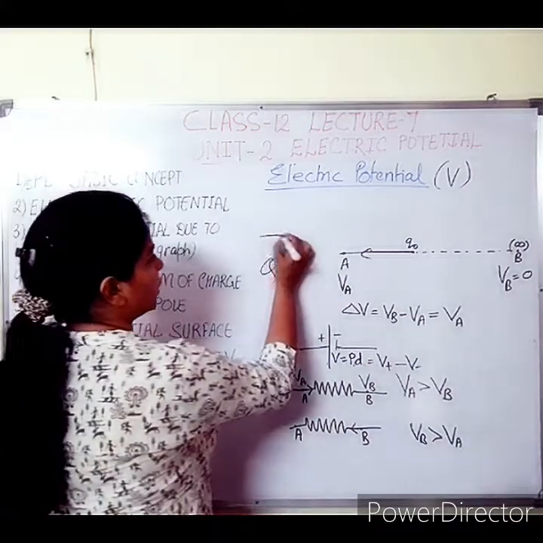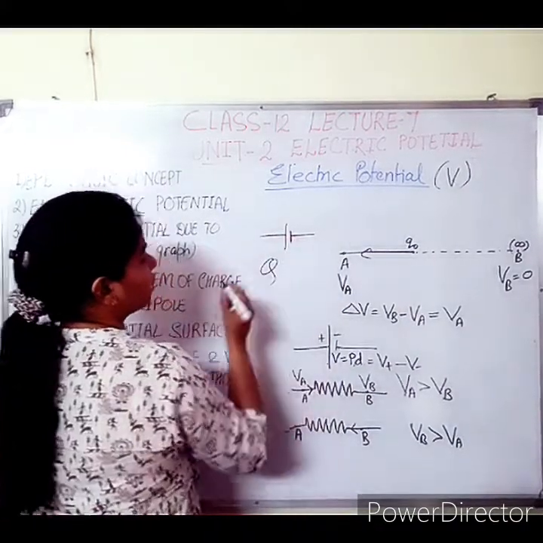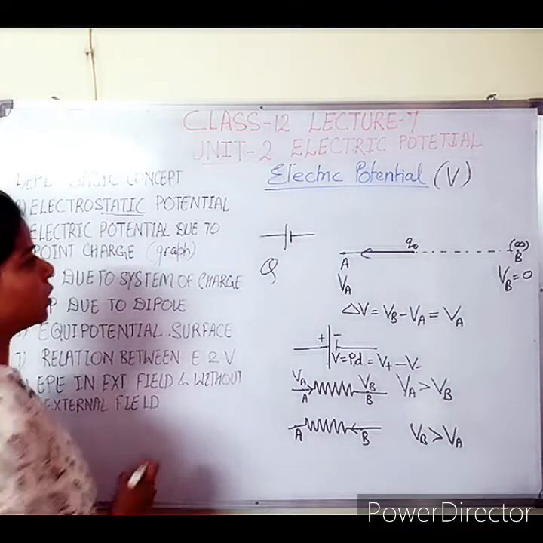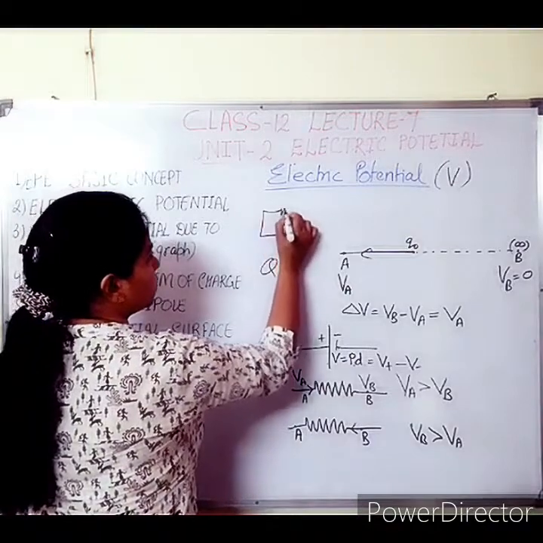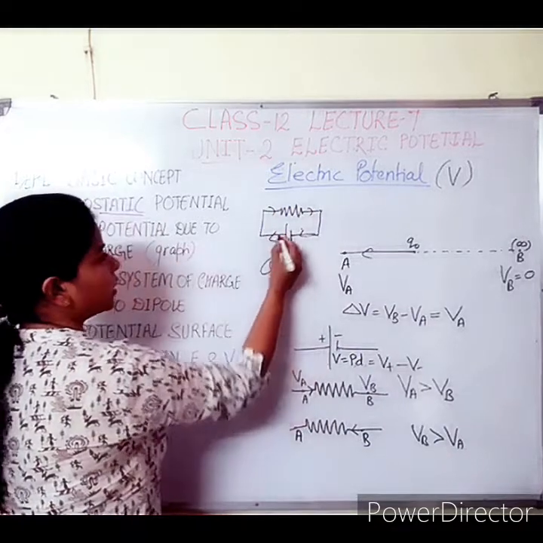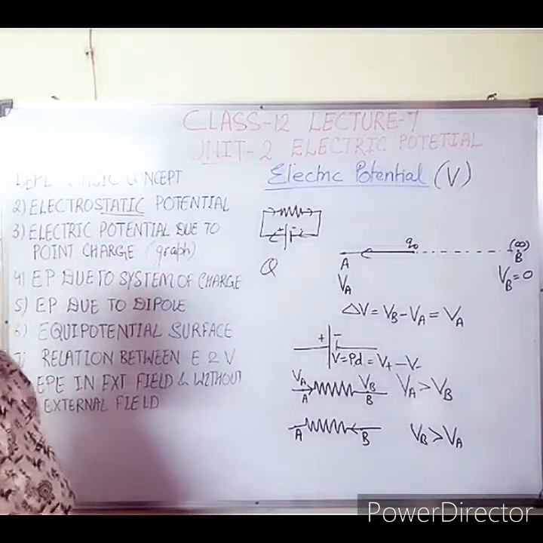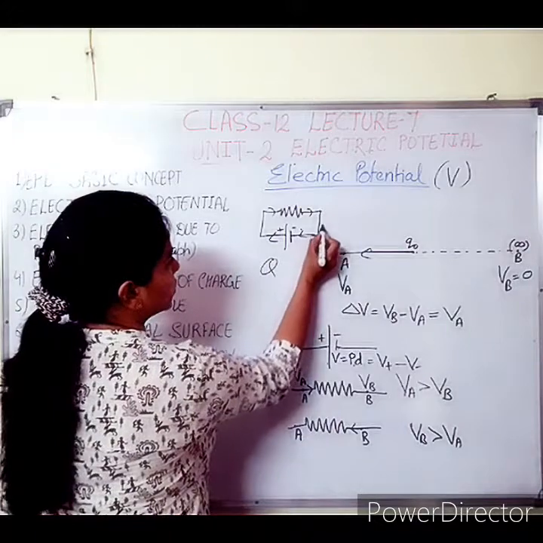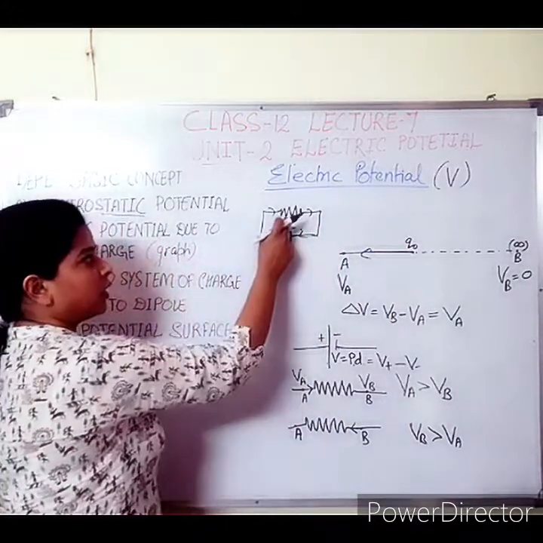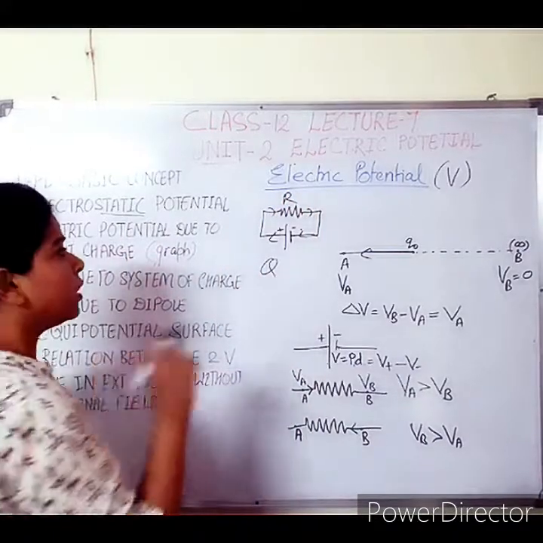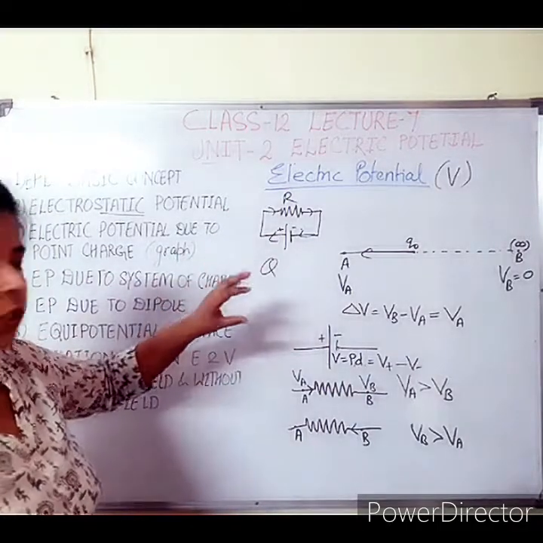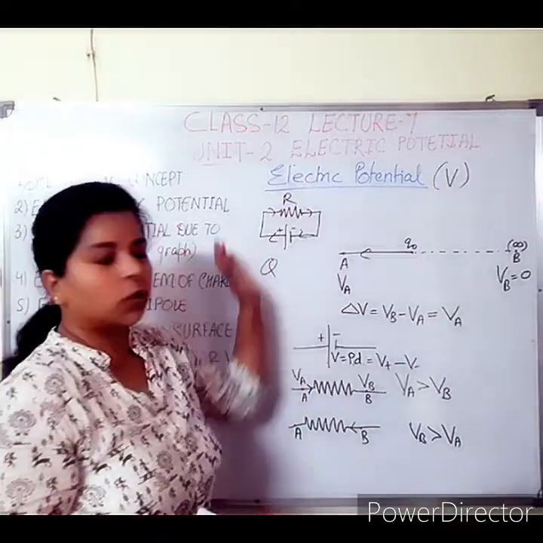I will elaborate this topic in conduction of current through a resistor, through a conductor. So current always flows from the positive terminal to the negative terminal. This is positive and this one is negative. Actually the electrons flow from the negative terminal towards the positive terminal and across this resistor. But we consider the current, which is a hypothetical thing. It does not flow in the circuit; actually there is a flow of electrons in the circuit.